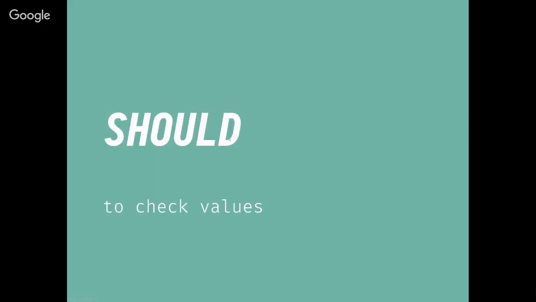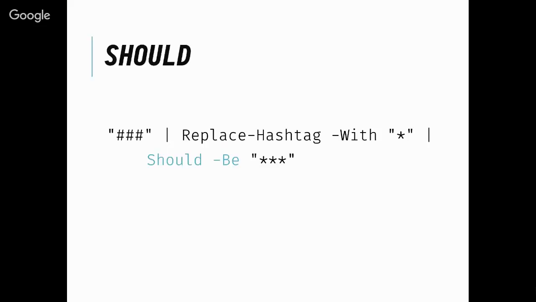So the first keyword is Should. Should is a so-called assertion, and you use it to check values. So you give it some value and you give it some expected value and you check if those values are the same. So you would use it pretty much like this. The first line is just some code processing, so I don't show you 1 should be 1 or something like that.